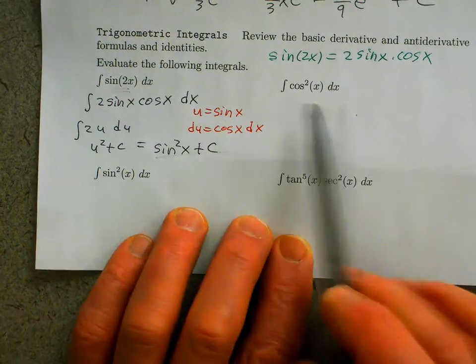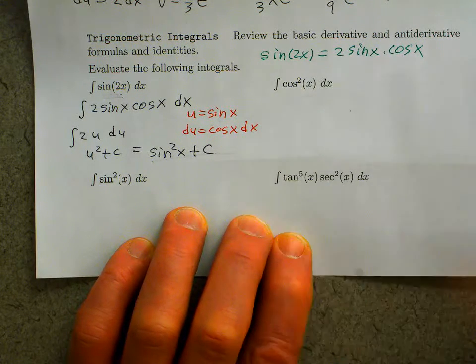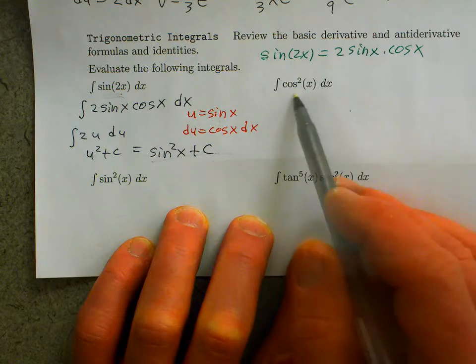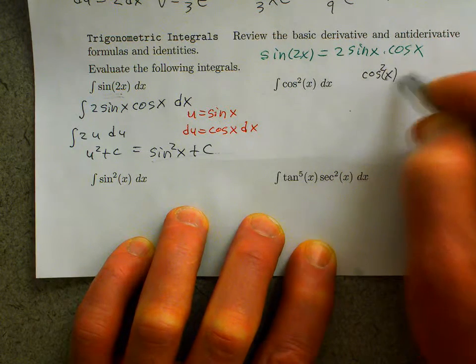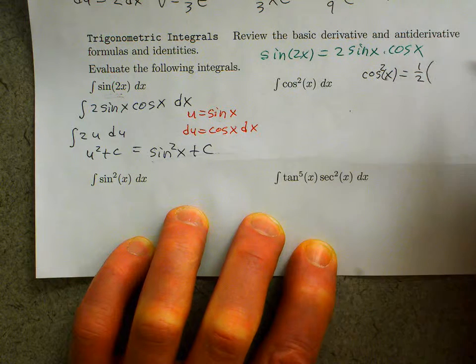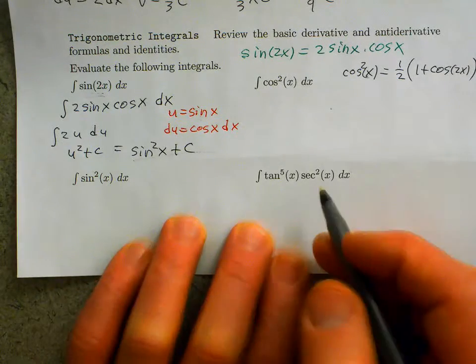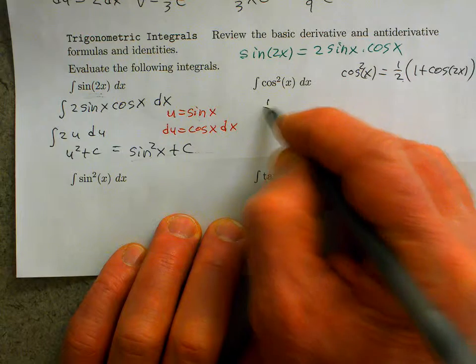The next one, another pretty common identity for cosine of x squared. That would be 1/2 times the quantity of 1 plus cosine of 2x. So we'll bring the factor 1/2 out to the front.